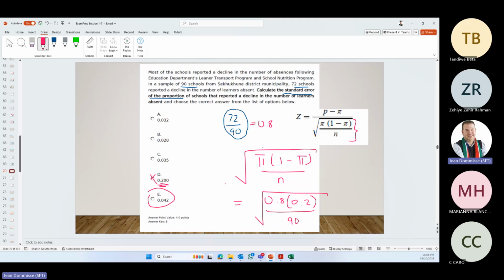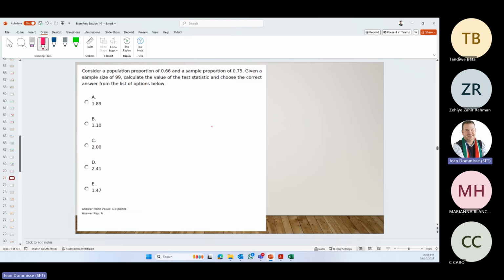And when we work with proportions, there again is the standard error of a proportion, and the next logical question is to work out the probability given a certain proportion. So let's see if that is what we need to do.